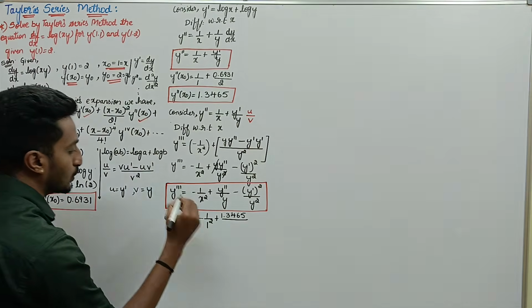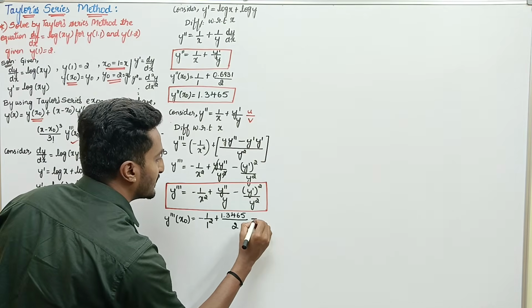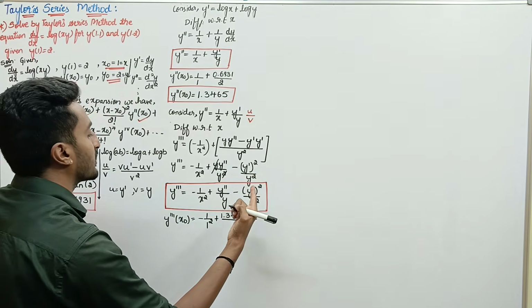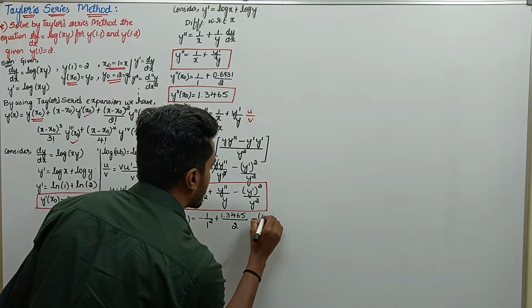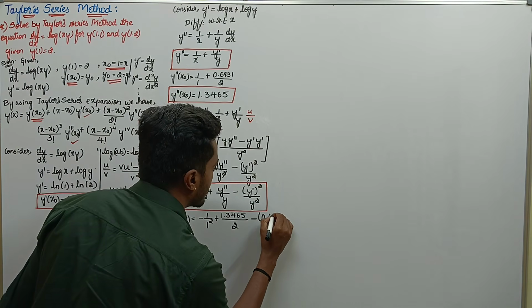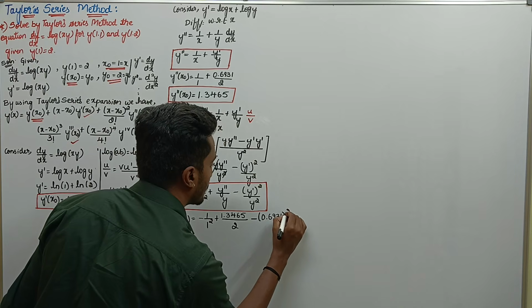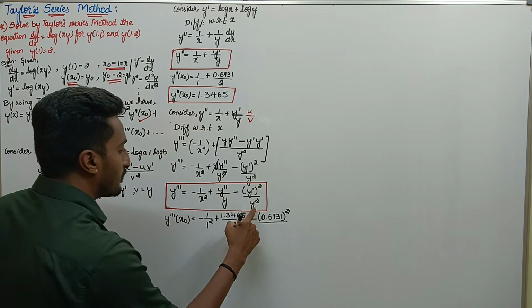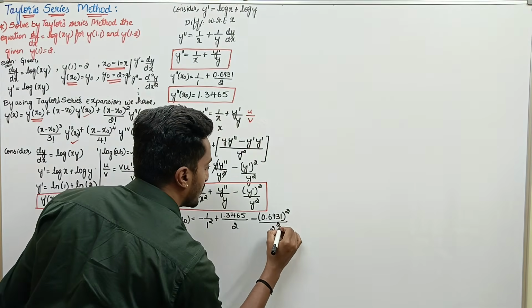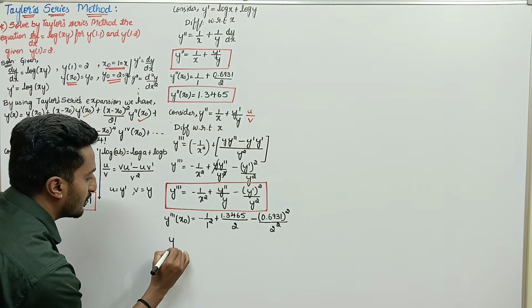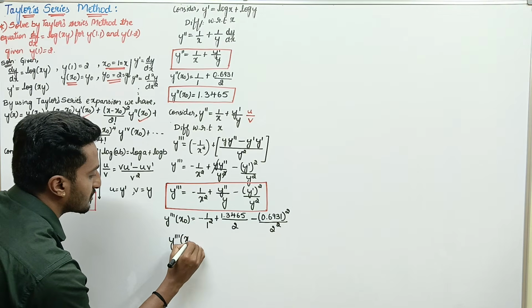What is y? 2, minus y dash the whole square. What is y dash? y dash is 0.6931 whole square divided by y square. What is y square? That is 2 square. Use the calculator, you get the value of y triple dash of x naught.